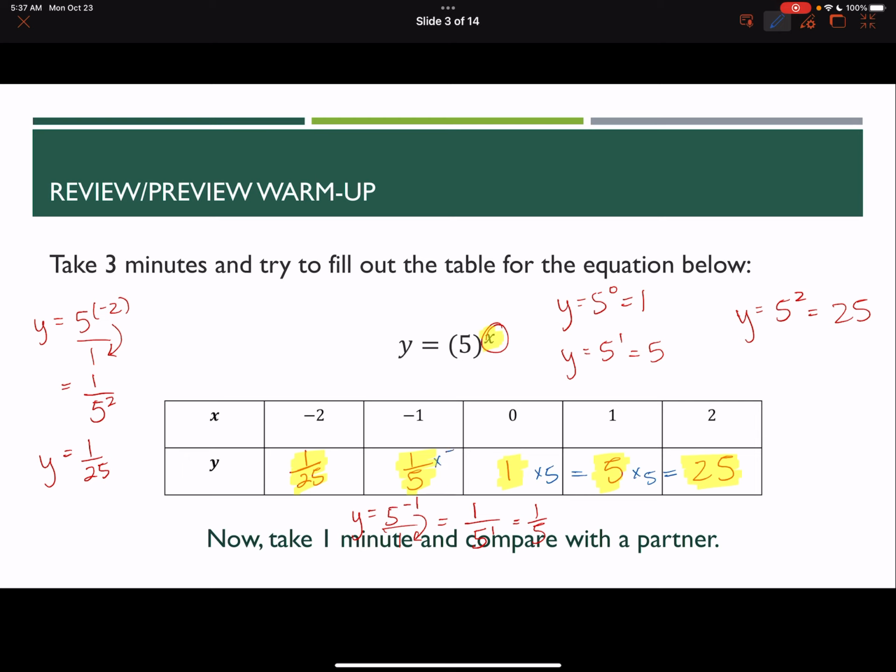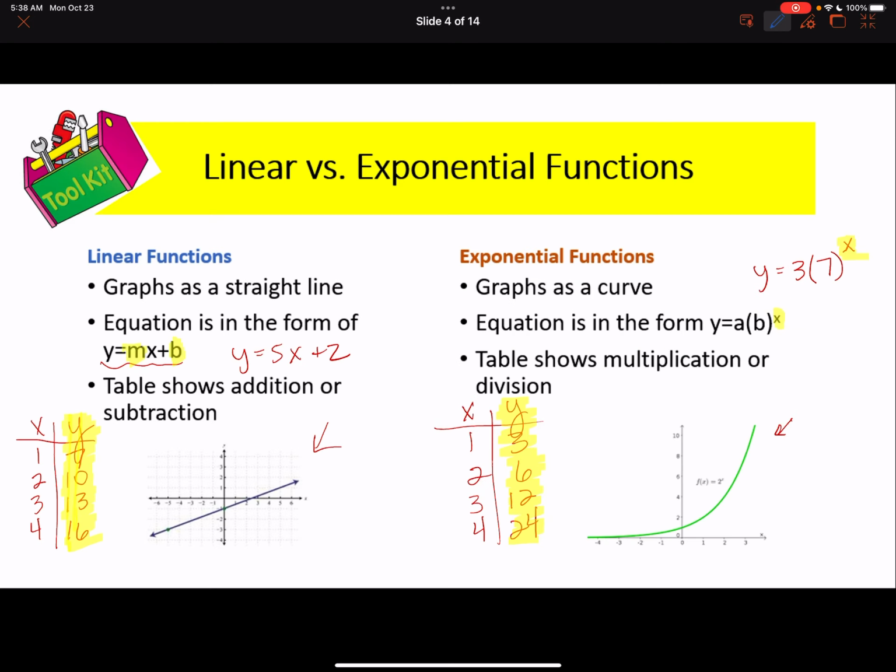If I multiply by 5, 5 is 5 over 1, and that's 1 times 5, which is 5, over 5 times 1, which is 5, which equals 1. Even the 1 over 25, multiply it by 5. 1 over 5 is 5 over 25, reduce that, you get 1/5. So you can see that this pattern is that I'm multiplying by 5 every time. So it's an exponential equation, and then my table is exponential as well, right? Okay.